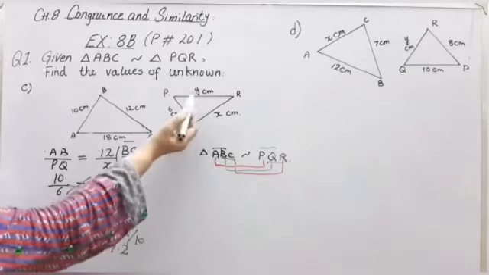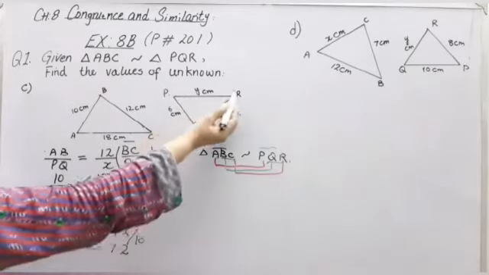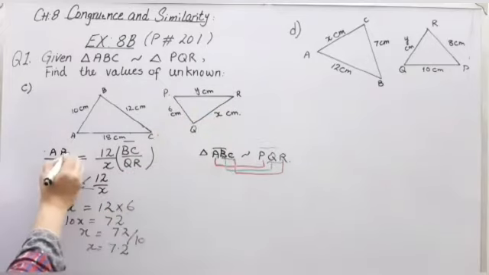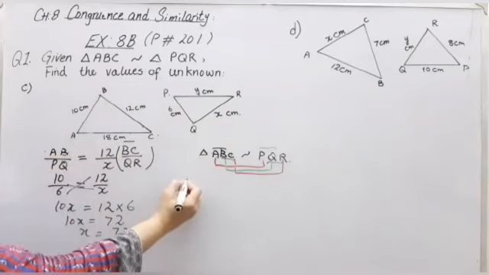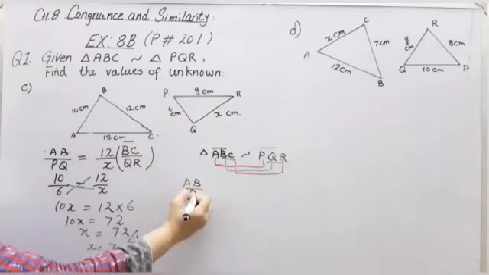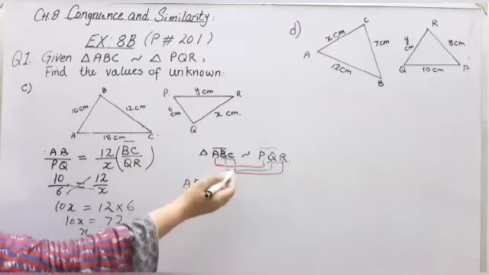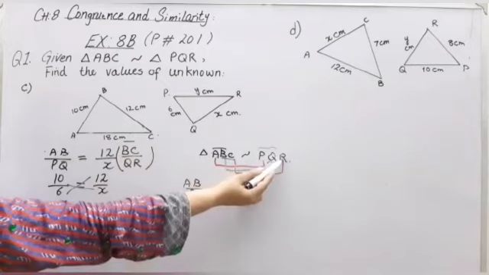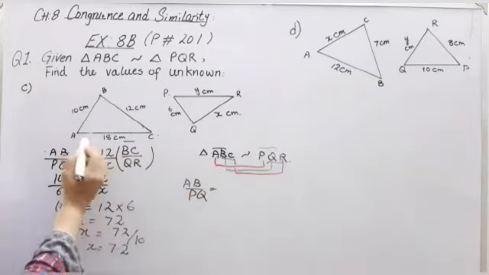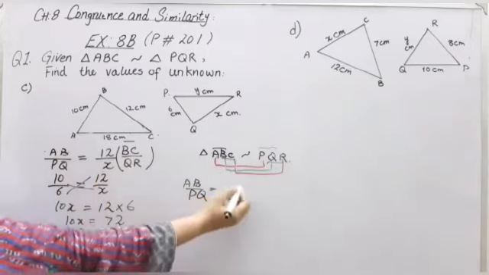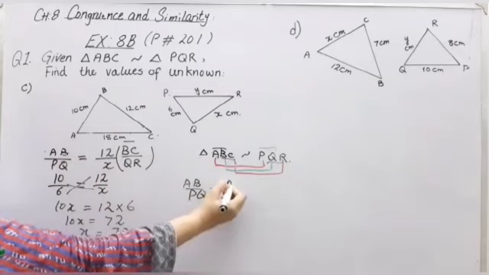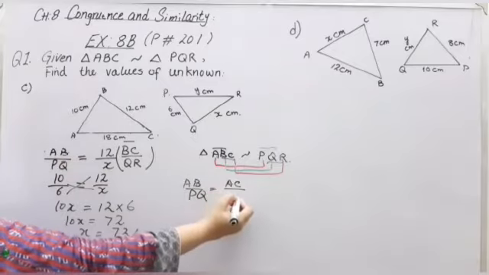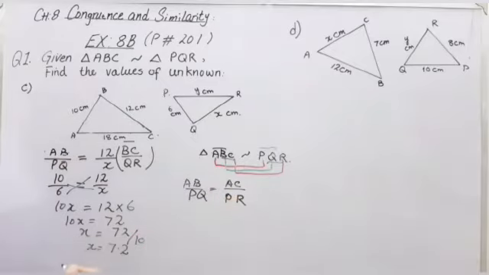Now the second unknown is Y. PR corresponds to AC. So we write again AB by PQ, because both are known, and now AC by PR. According to the similarity, AC is on the upper side and PR is in the denominator.